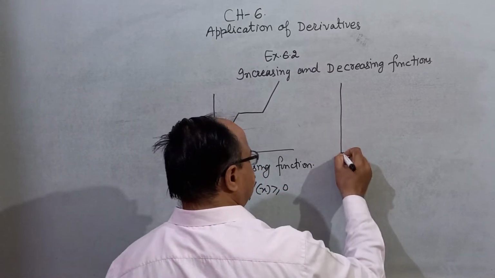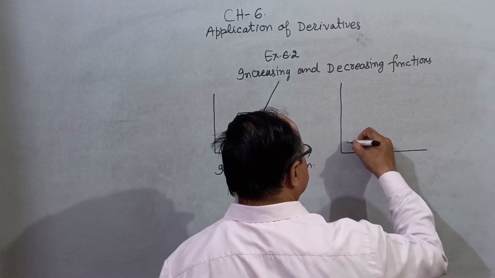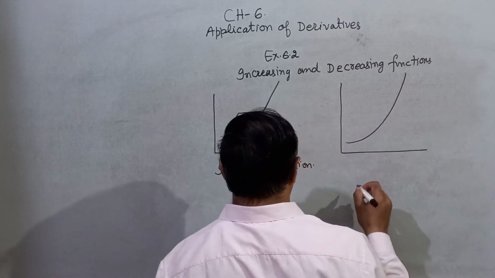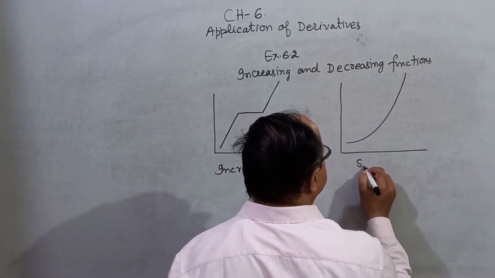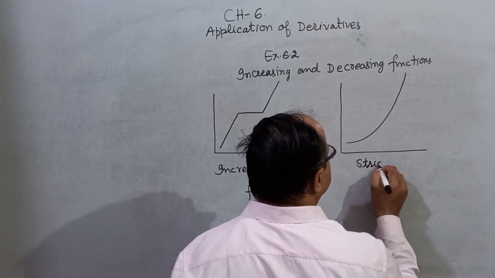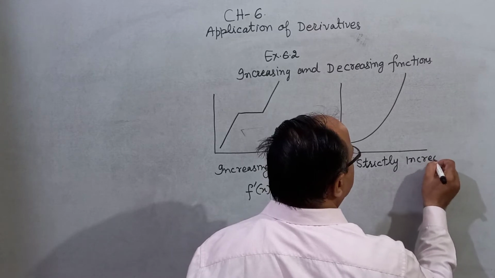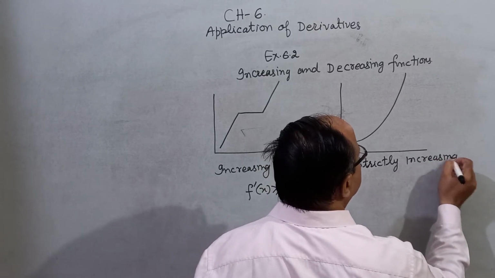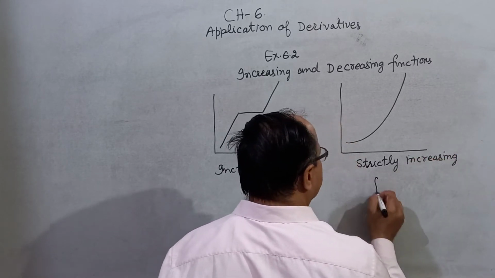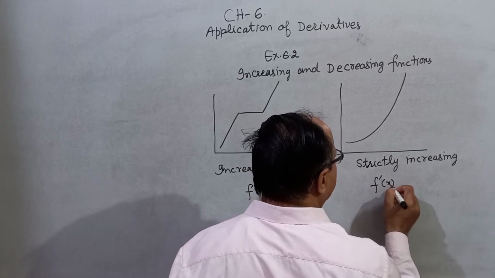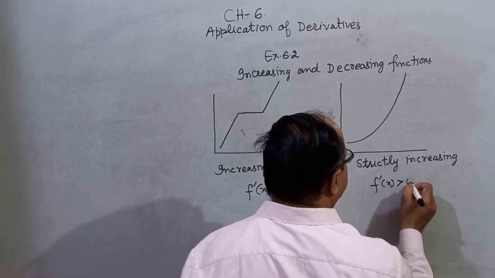If the function is like this, only increasing, that is called strictly increasing, and the condition for this, you have to prove f dash x greater than 0.